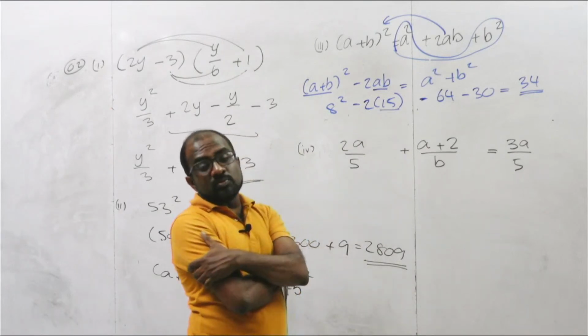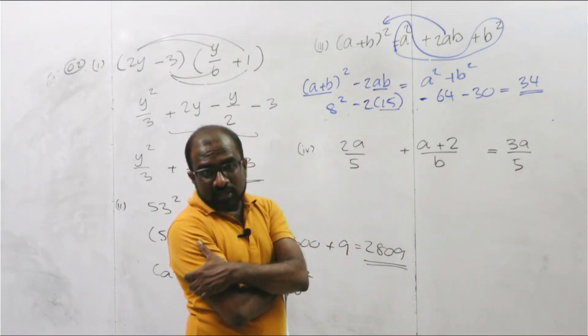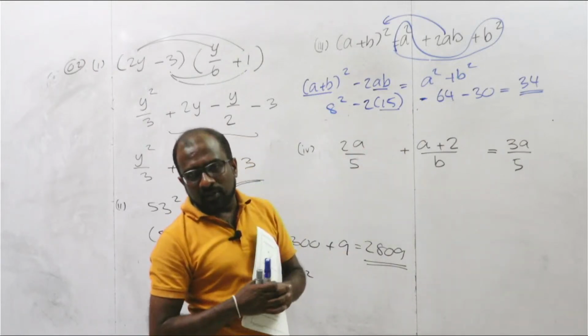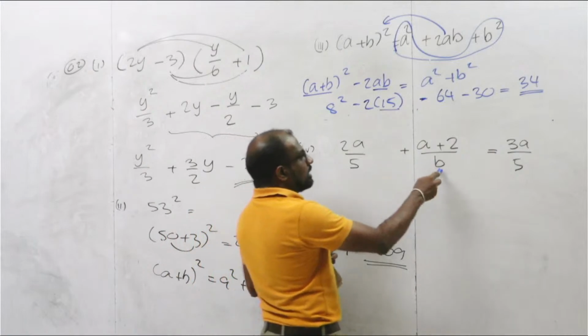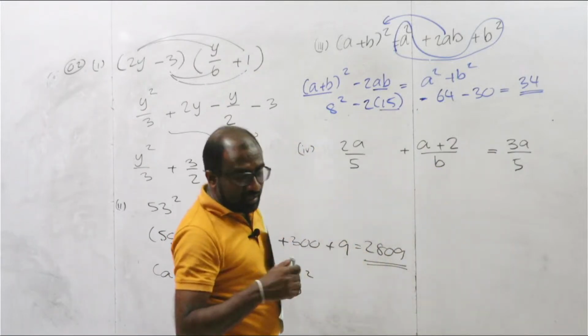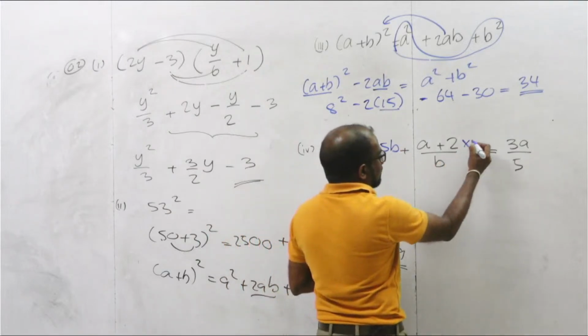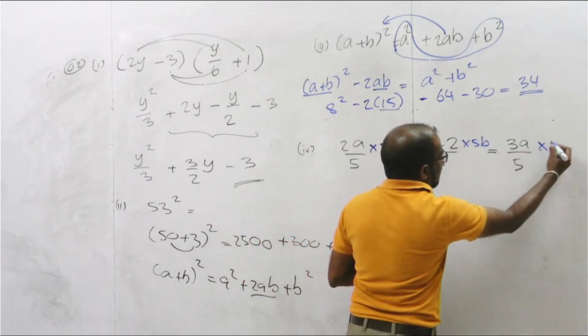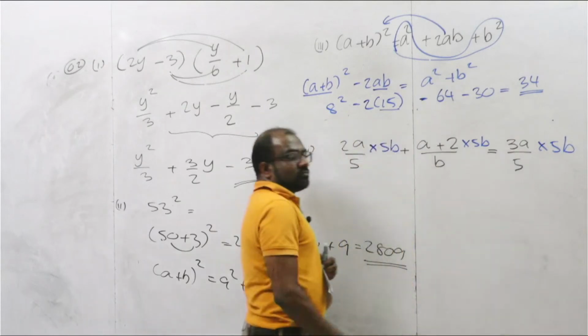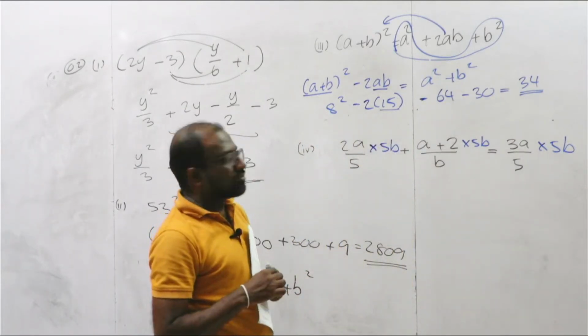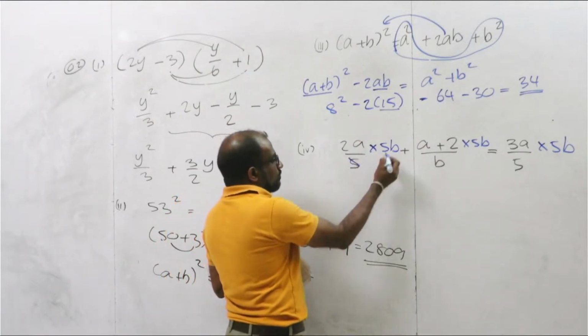Multiply all terms by the LCM of denominators. 5 and b. So what is LCM? 5b. All terms multiply by 5b. Clear? First step, simplify again. 5 and 5 get cancelled.